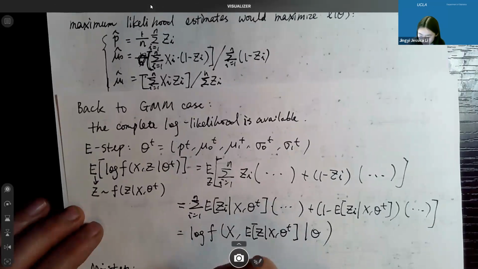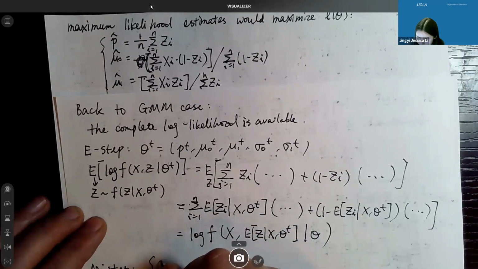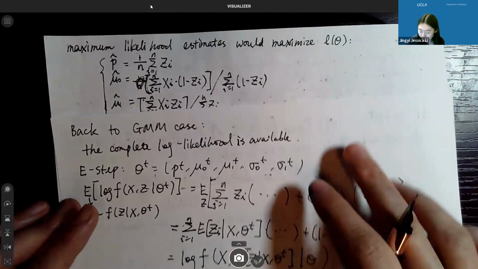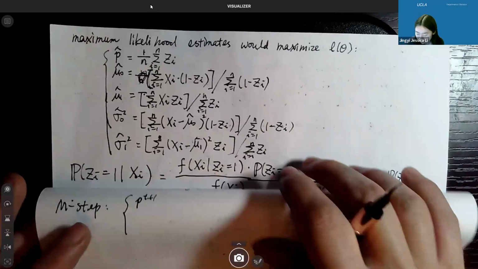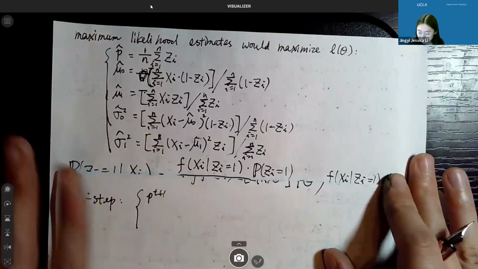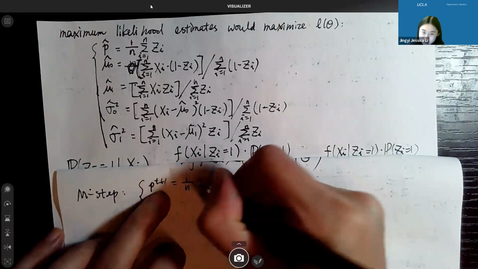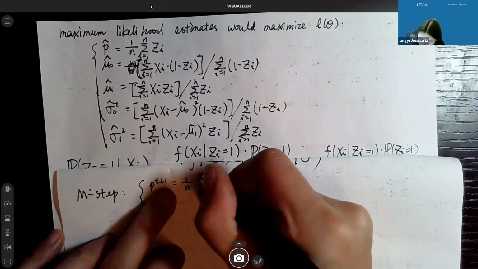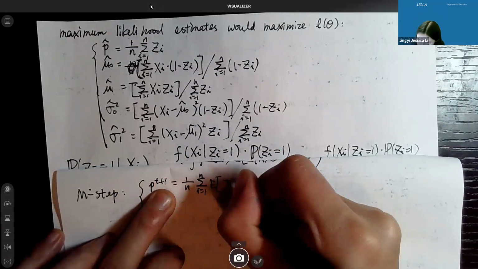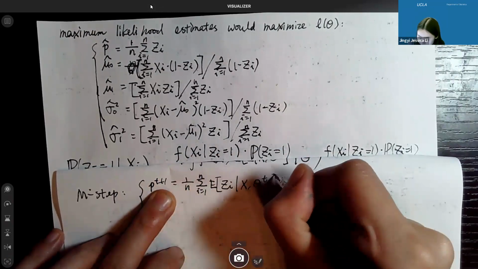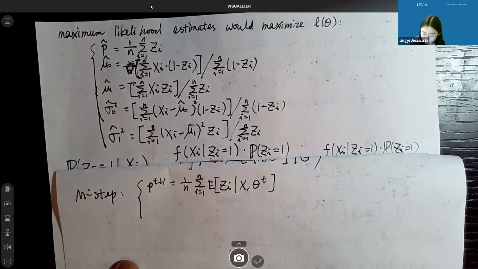So here, I'm going to say that p^(t+1), the updated proportion, would just be equal to 1 over n summation of expectation of z_i given x, given theta t, given the current parameters, okay?